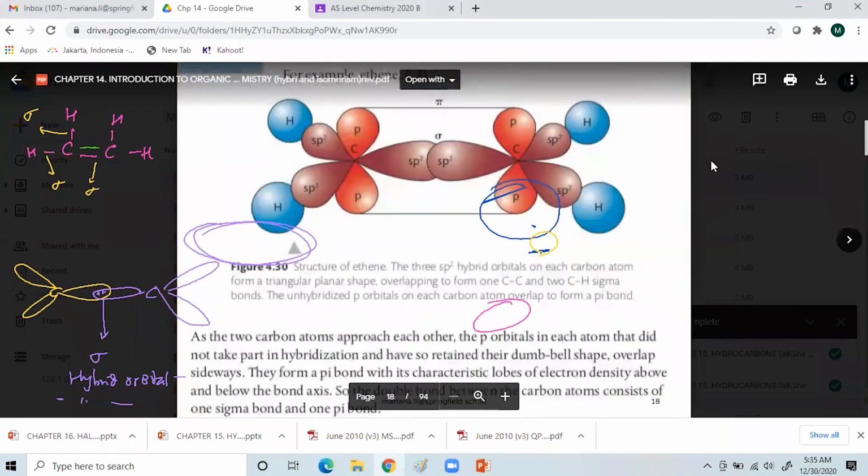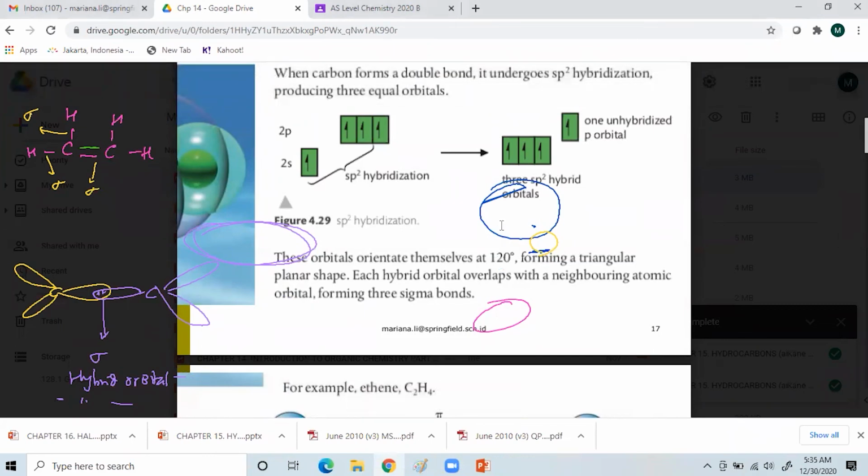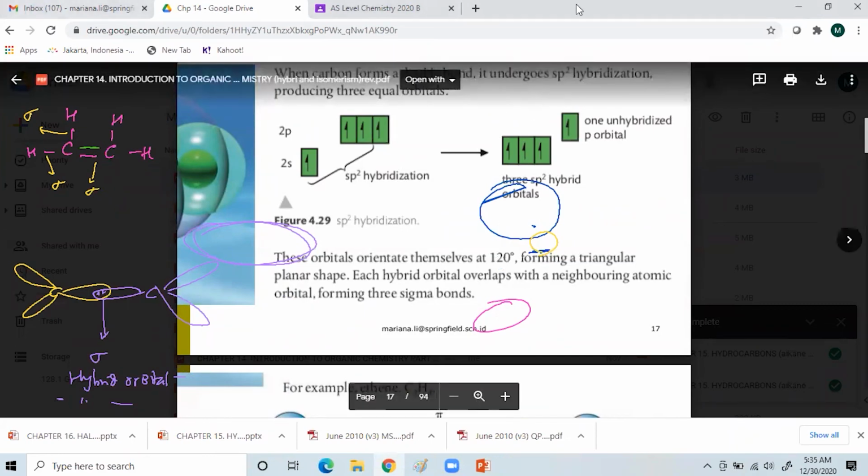Okay, let's continue. Because in ethene there is one pi bond, we need to make this pi bond. You can see that through hybridization, there is one p orbital that is unhybridized.